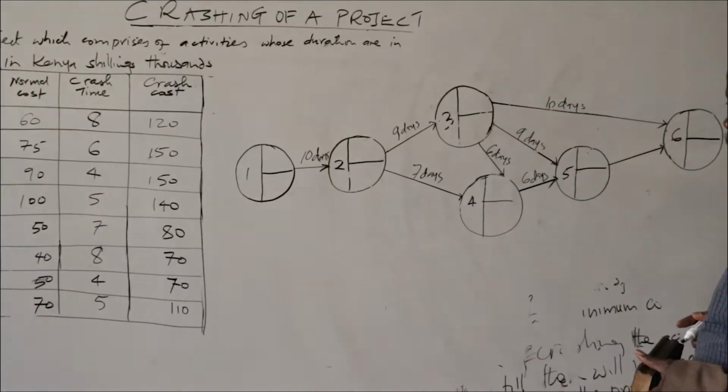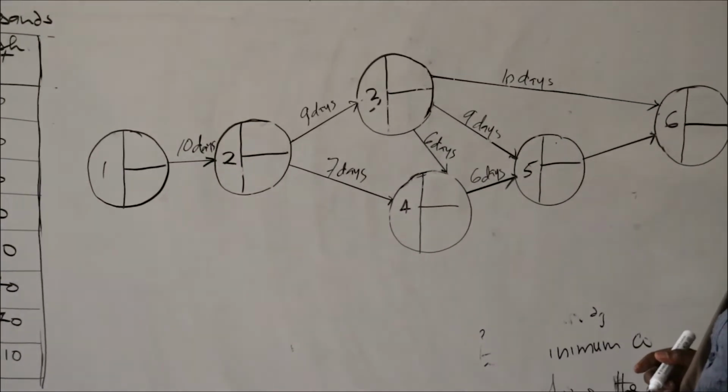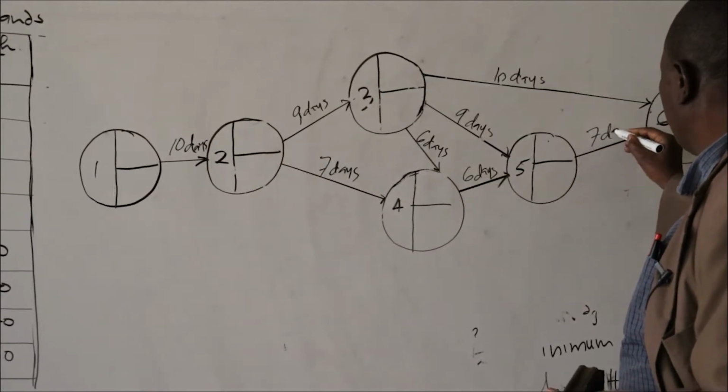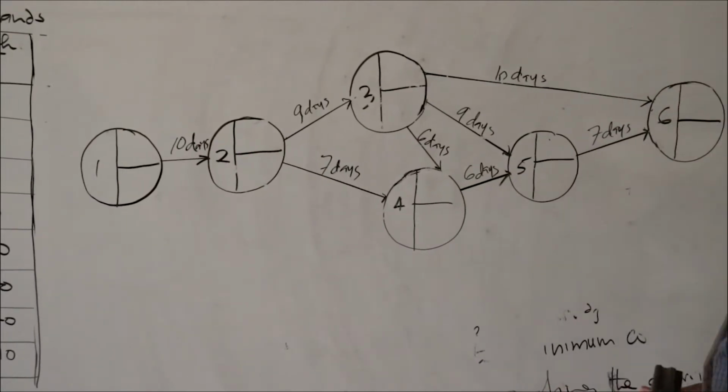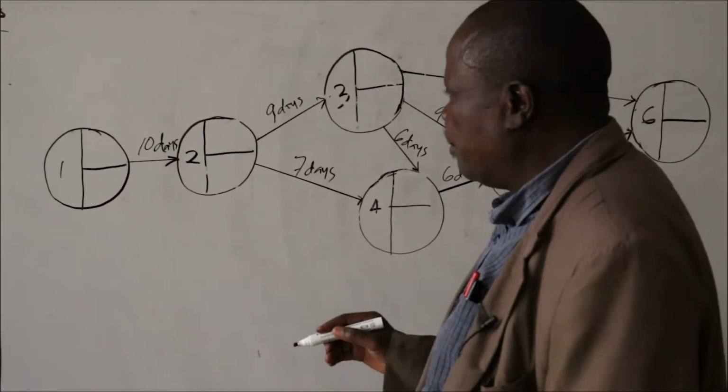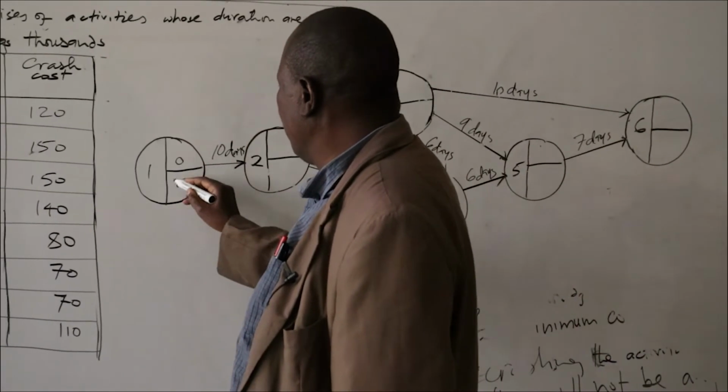Then 5 to 6. 5 to 6 is 7 days. We are using the normal time, normal duration. So we want to determine the critical path and the duration of the project.